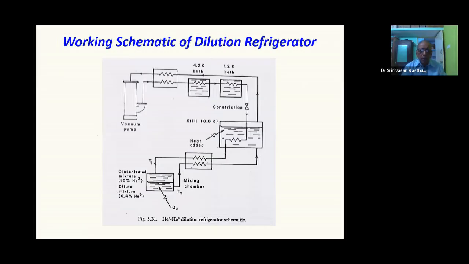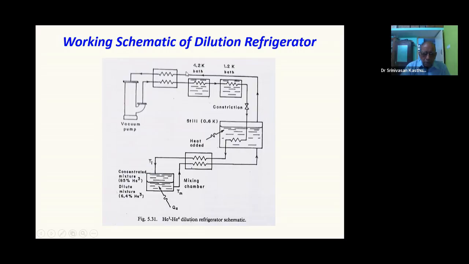Now the working of the dilution refrigerator is like this. We start with the helium-3, helium-4 system. Let's assume that we have a helium-4 bath, and you first reduce it to a 1.2 Kelvin bath. Then you pass it through a small constriction, and you reduce the temperature in a still by rapid evaporation. This is the pump, the vacuum pumping system shown here.